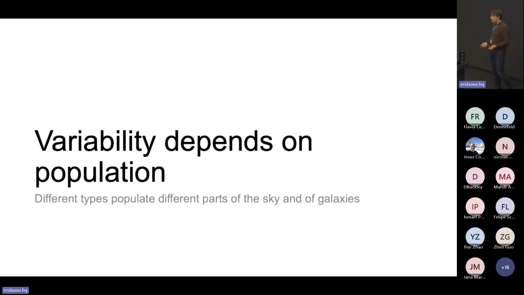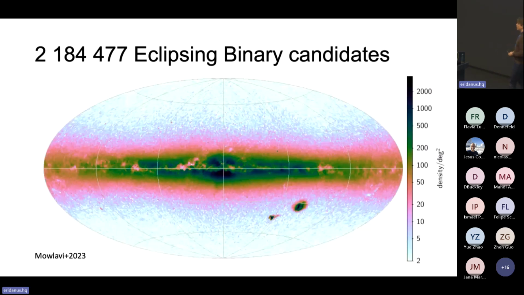Now, a very important point is that stellar variability, the kind that you can detect, depends on the population that you study. It's very different from supernovae that are more isotropically distributed over the sky. If you look at certain types of variability, they will trace different populations. And in particular, an eclipsing binary is mostly a question of chance alignment and matching source radii and so on, and the orbital periods of whether or not you see a source in transit.